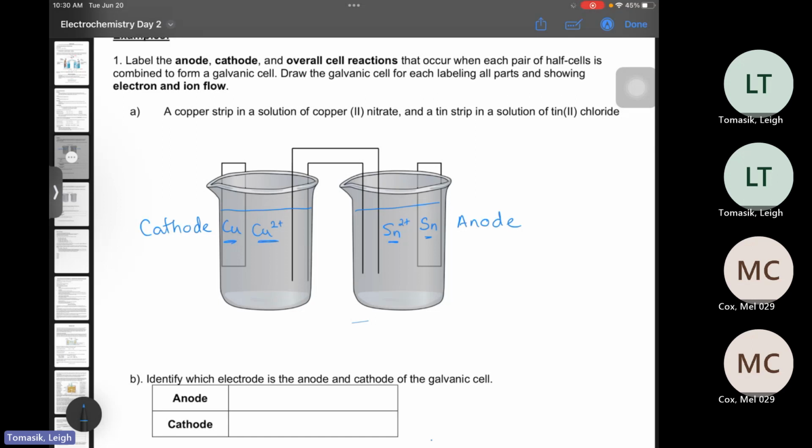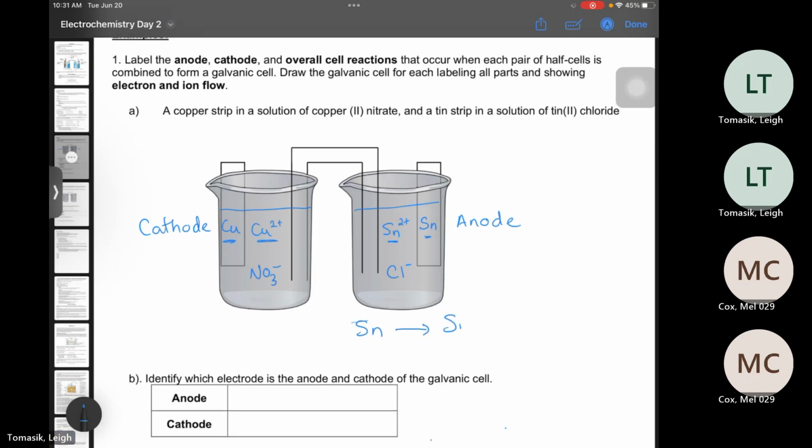So we found out that tin is our anode and copper is our cathode. Copper is in a solution with copper and nitrate. Tin is in a solution with tin and chlorine. So in your anode, you're going to go from the metal to the ion, and you're going to lose electrons.